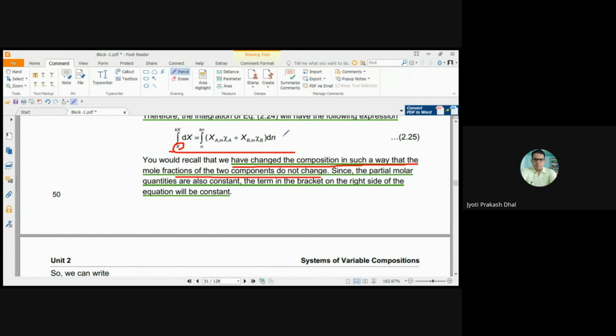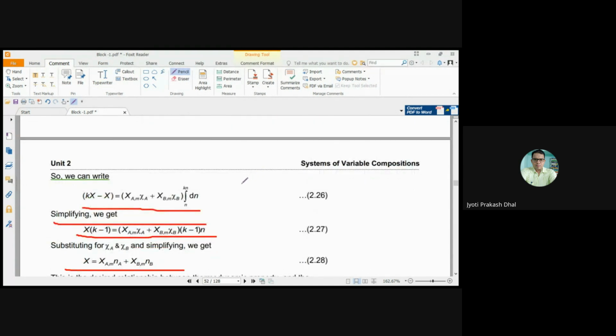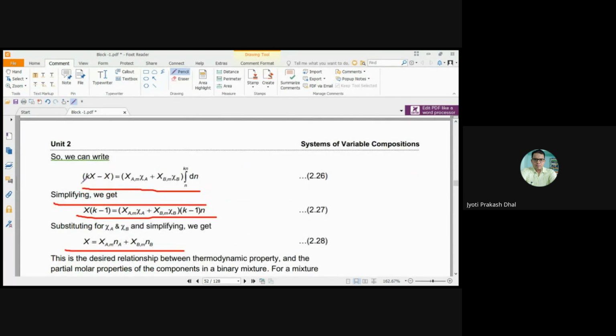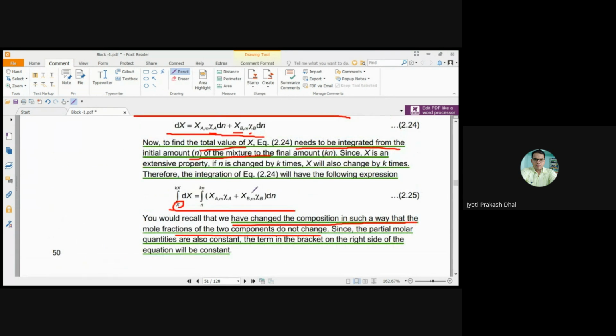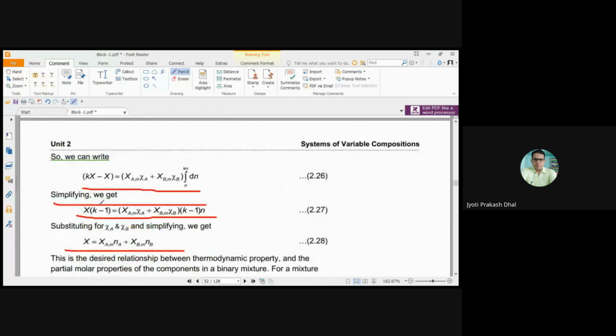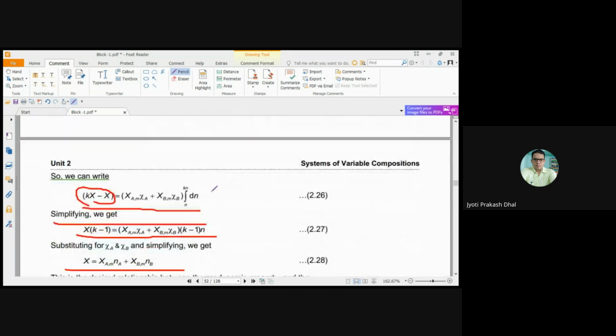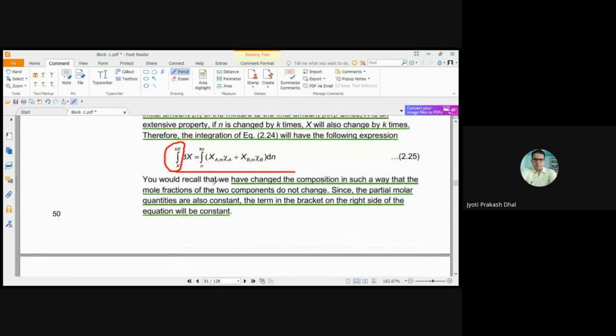So from equation 2.25, we take the integral. We can write KX minus X. You can see this because we know that the integration of dX is X, and here the upper limit is KX and the lower limit is X, so the value will be KX minus X. On the right-hand side, the upper limit is Kn and the lower limit is n, and here XA-bar.